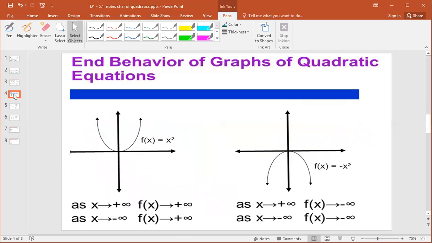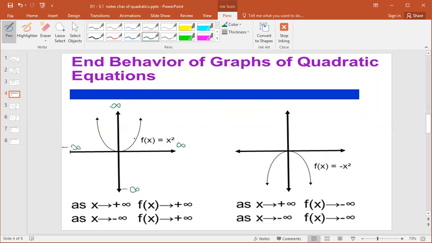Okay, end behavior we've talked about before. We want to know where the ends are going when we're looking at our problem. So here we know this is negative infinity, positive infinity, positive infinity, negative infinity. As x is at positive infinity, where's the closest end? Well, that's this end, and it is going up.